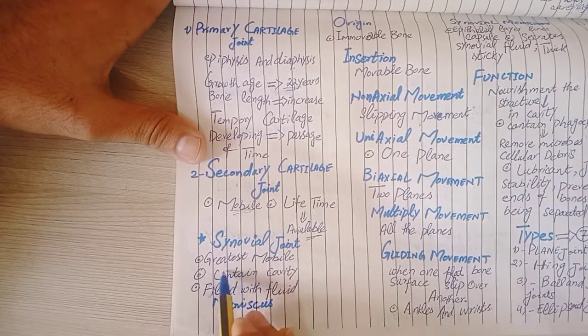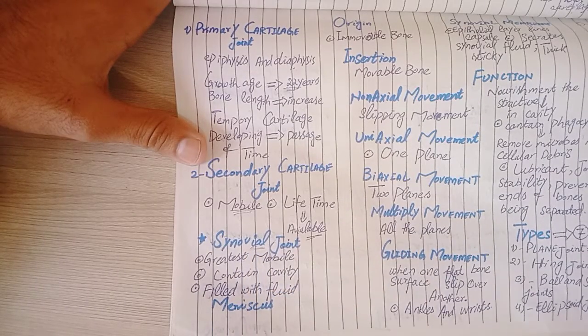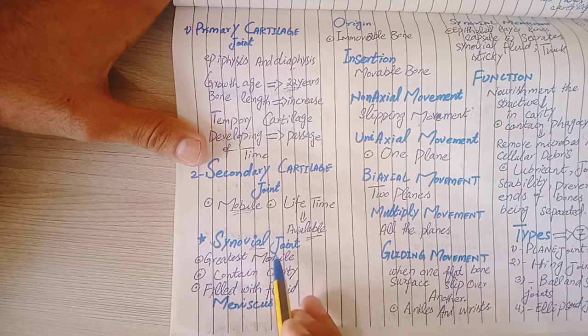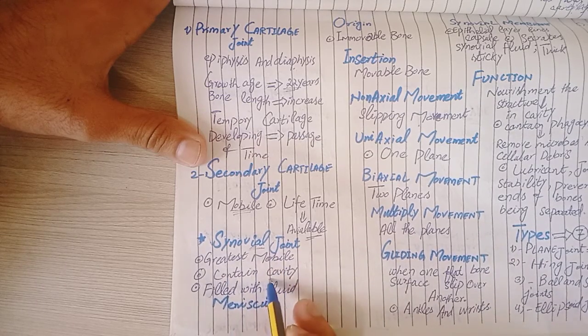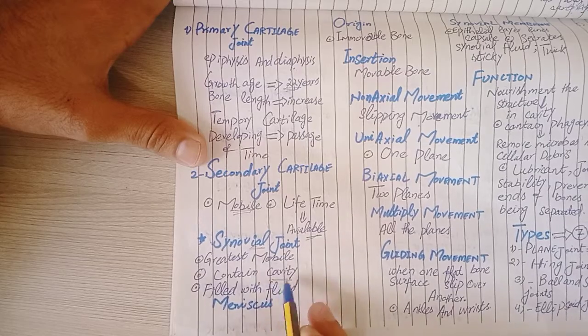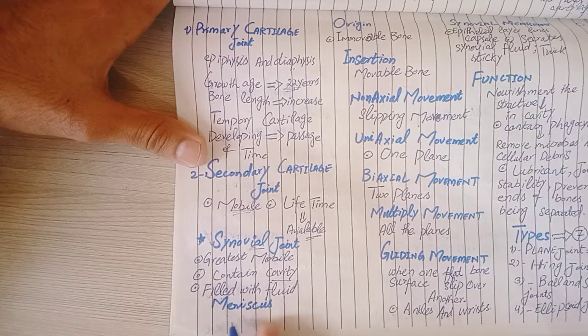The third type is the synovial joint. It is the most mobile among all the joints and contains a cavity filled with fluid.